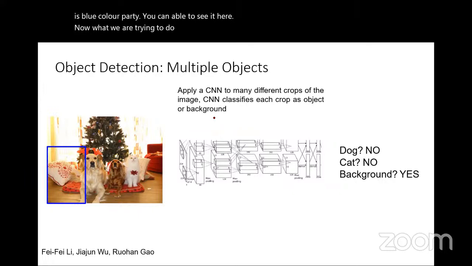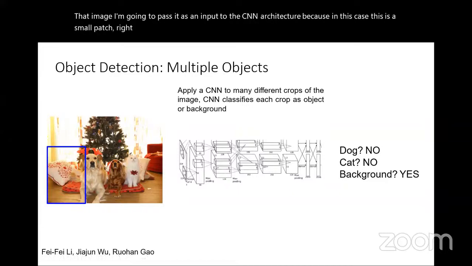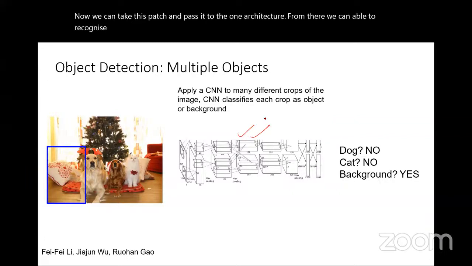I will take some portion as an image and pass it as an input to the CNN architecture, because this is a small patch. This patch can also be treated as an image, even though it belongs to a bigger image. Now we can take this patch and pass it to the architecture, and from there we can recognize whether any object is present in the patch or not.